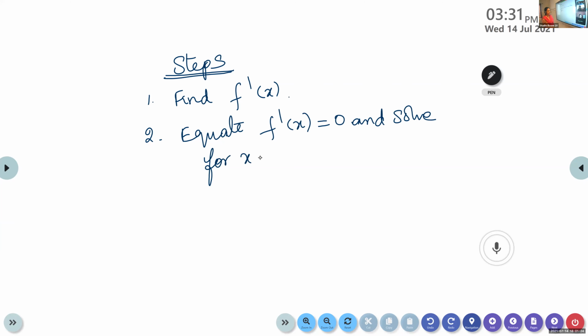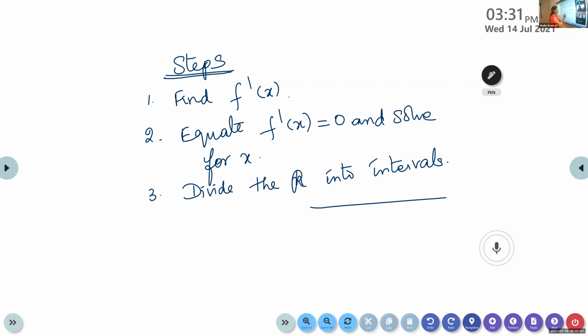When you solve it, you will get different values of x. Next step: once you get the values of x, divide the number line, that is R, into intervals.